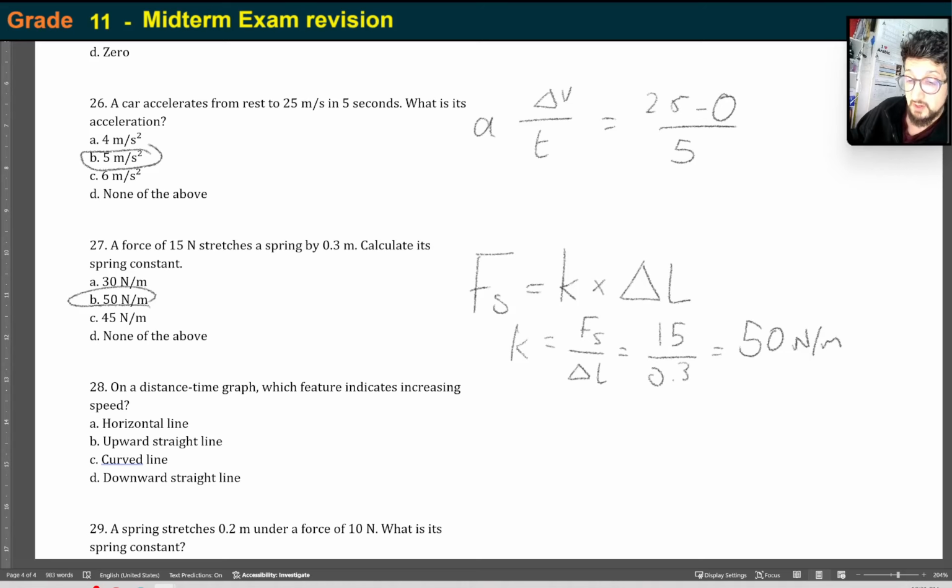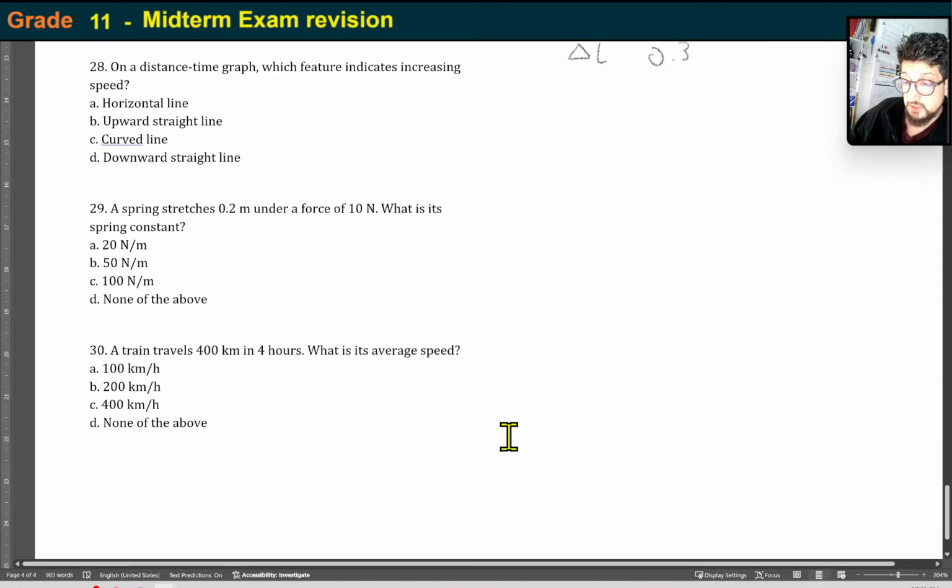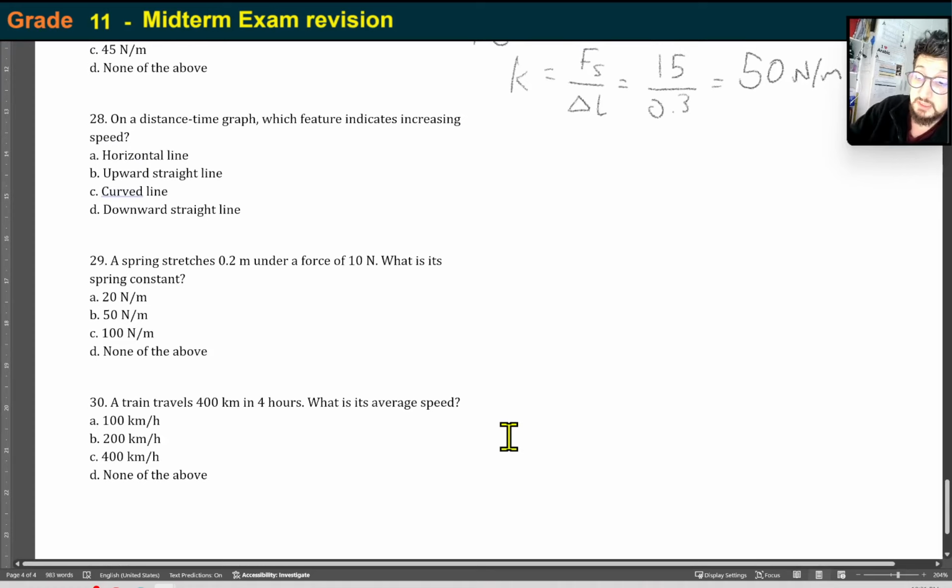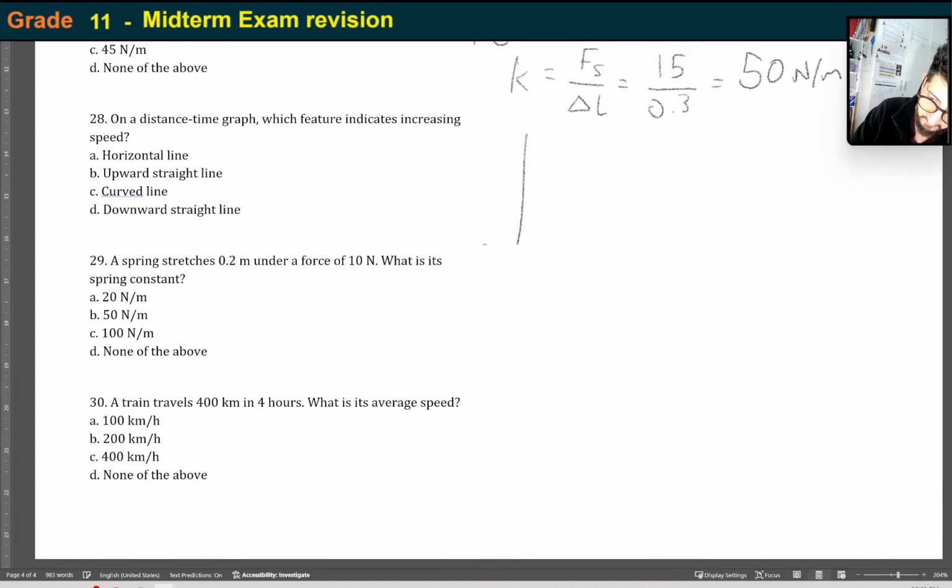That's that one. On a distance time graph, which feature indicates increasing speed? Increasing speed means acceleration. If it was a straight line like this, the distance increases with time. So there is a velocity, but it's constant because the velocity is shown by the slope.